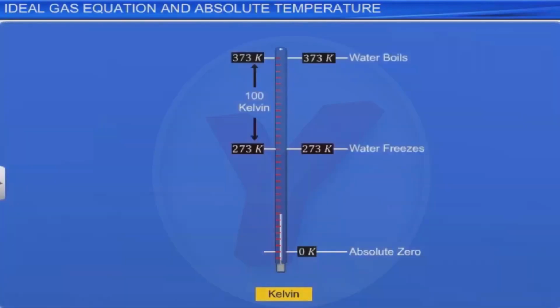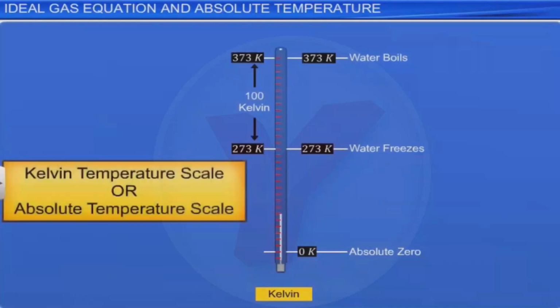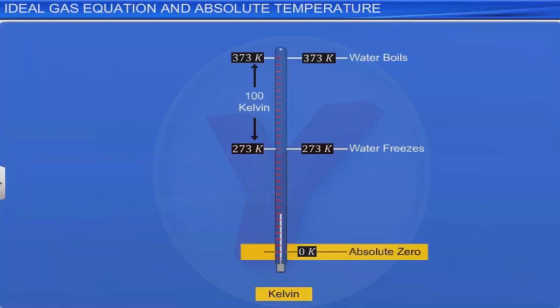This new temperature scale is known as the Kelvin or absolute temperature scale. The zero of this scale is called absolute zero. The temperature of a body on the absolute scale is expressed in Kelvin and is called absolute temperature and is represented by the letter T.